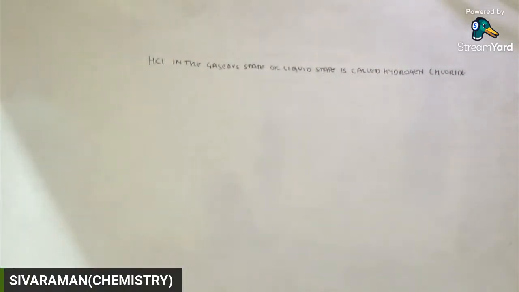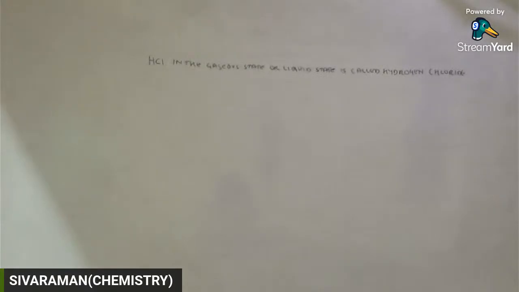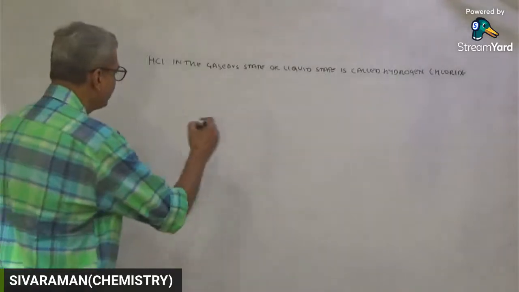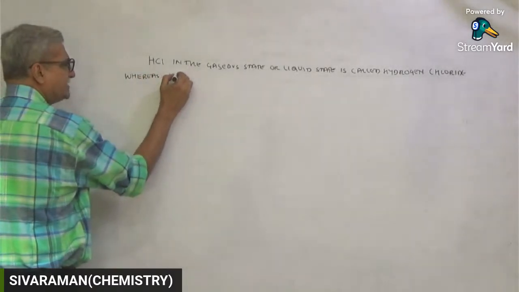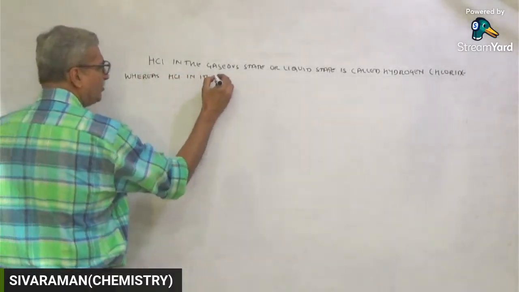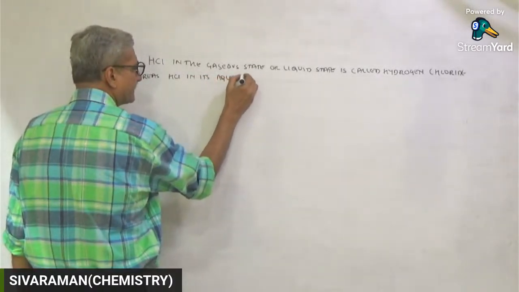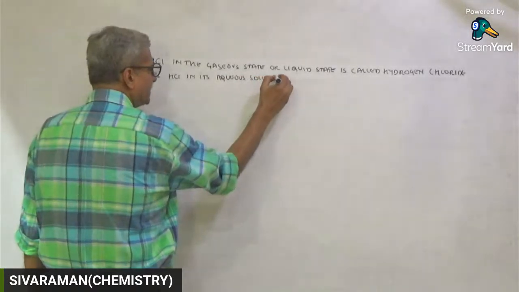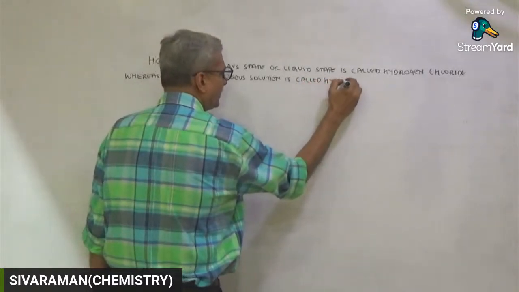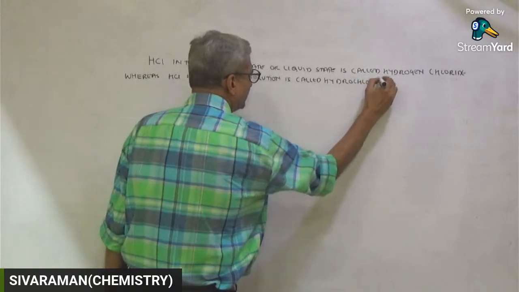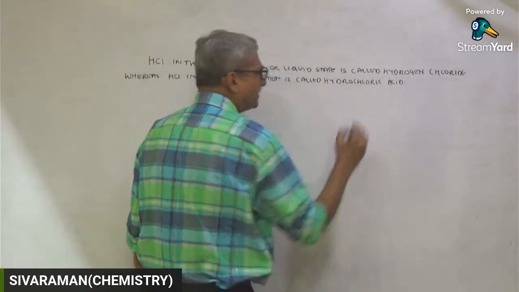Whereas HCl in its aqueous solution is called hydrochloric acid.